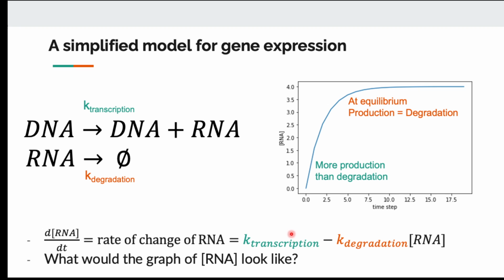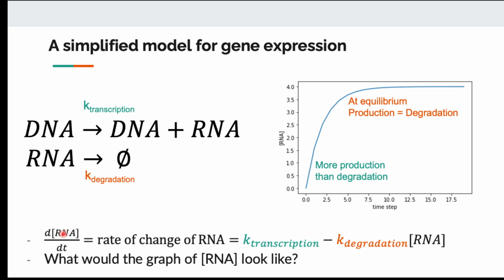So when you take the linear production and then subtract the exponential decay, you get something that looks like this. It starts off similar to a line, but the slope of the line continues to decrease until it becomes 0. And this is at the equilibrium, where RNA is being produced at the same rate as RNA is being degraded. So you have equal production and degradation.